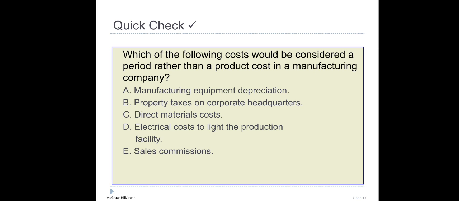There is a list of 5 costs, and the question asks which of the following costs will be considered a period rather than product cost in a manufacturing company. Remember I told you, when you see the term period cost, you have to know that these costs are non-manufacturing costs and they are paid periodically. So see here, A, manufacturing equipment depreciation, is it a period cost? No.